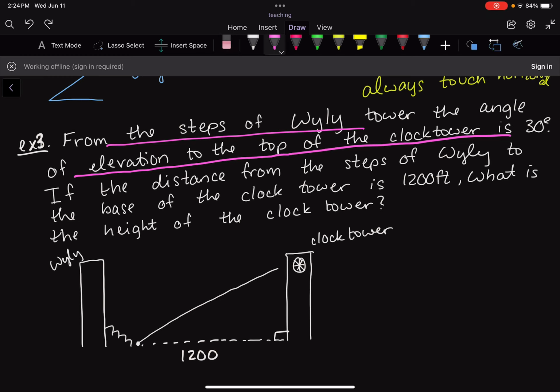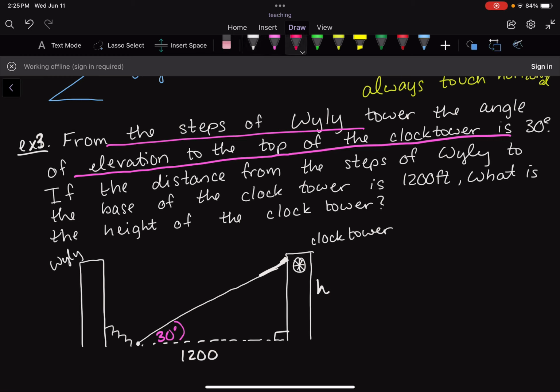So right here will be my 30 degrees. And this should really be drawn to the top, but it's not perfect, so that's okay. And we're looking for the height of the clock tower, so let's see, I'll just call this H.